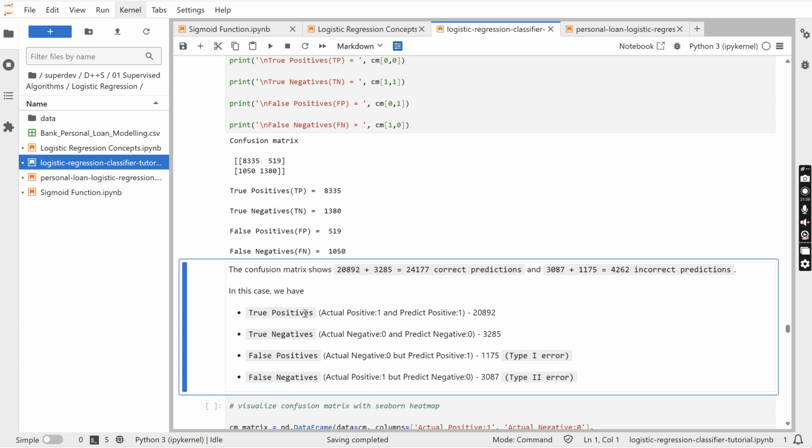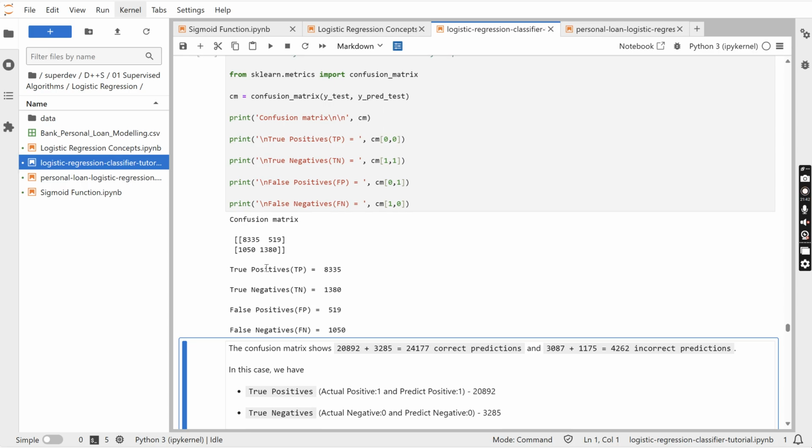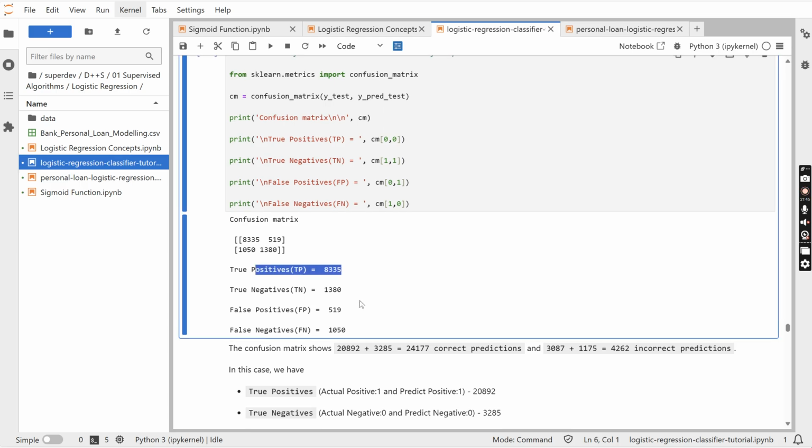Now, in this very same example, as you can see, true positives were 8,000 records, and true negatives were 1,380.